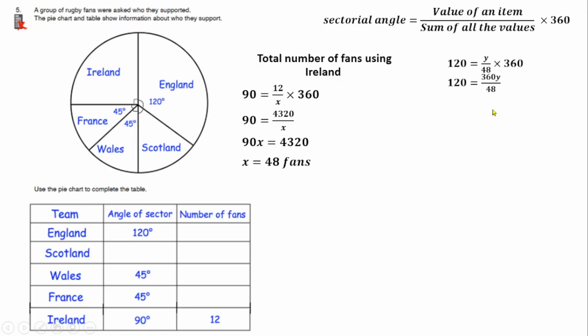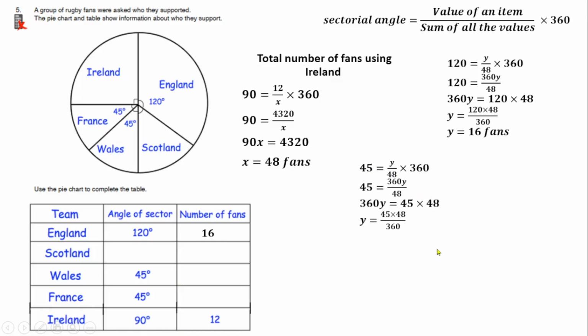If you simplify, that gives us 16 fans for England. Then for Wales, we have a sectorial angle of 45, equals the number of fans over 48 times 360. If you simplify that further, that should give us 6 fans for Wales.